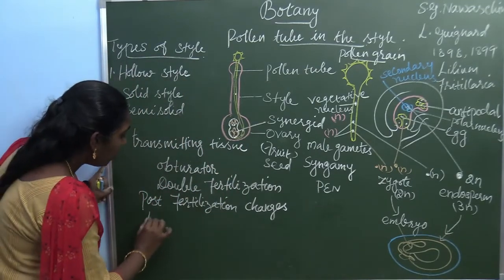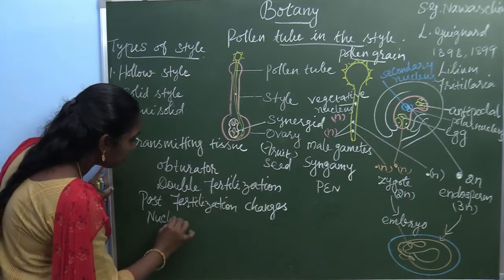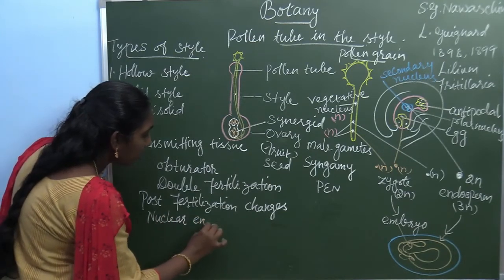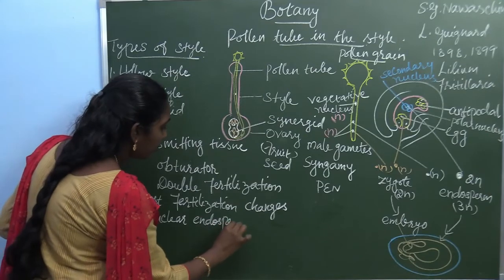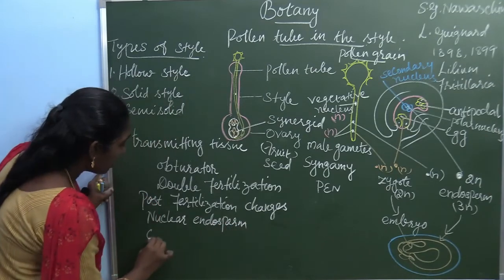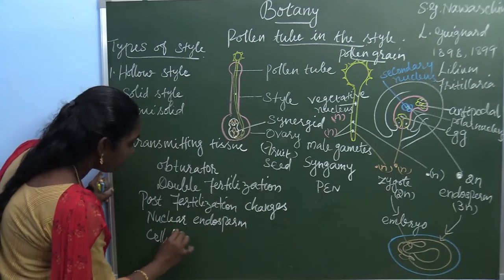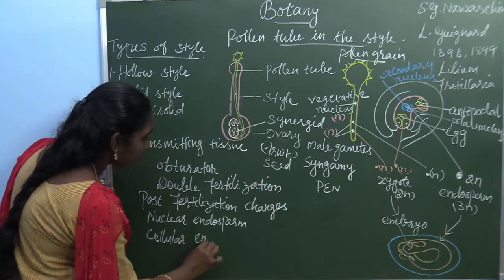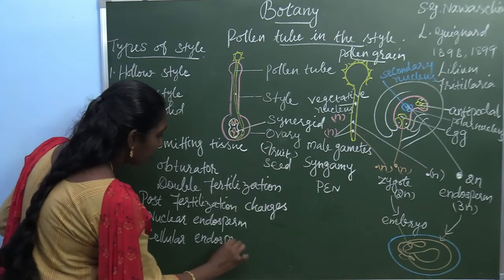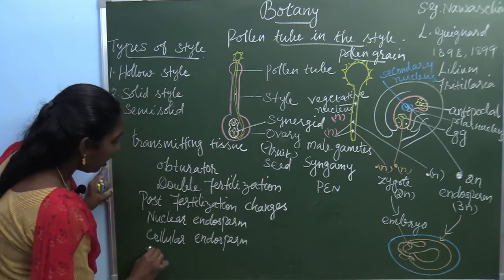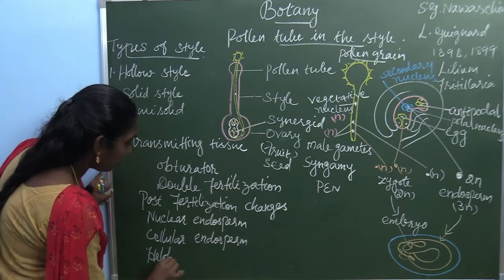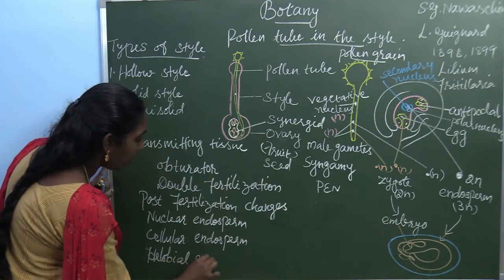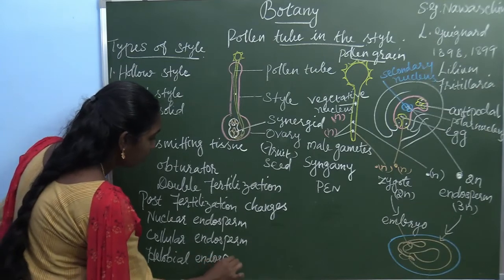They are nuclear endosperm, cellular endosperm, and helobial endosperm.